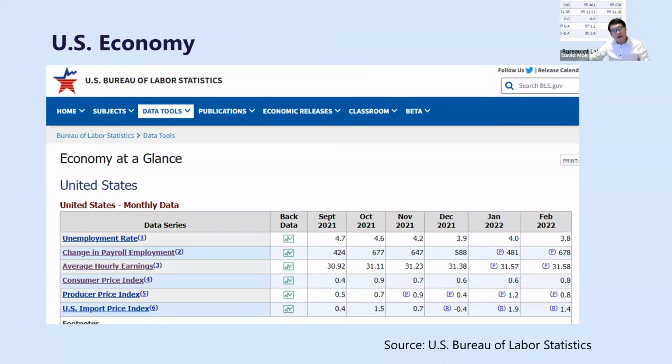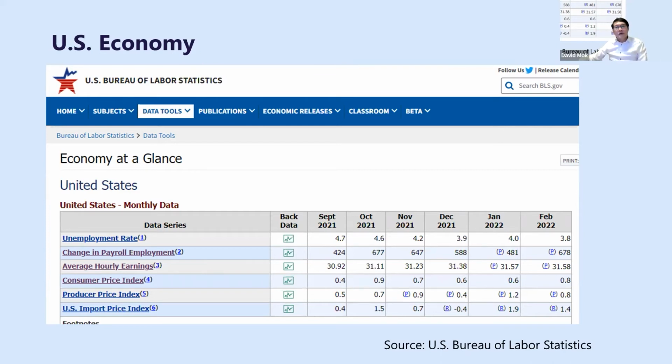But let's look at the economy. Let's look at the US economy. The reason I'm explaining about the US economy is that the US continues to be the largest economy in the world. I know some of us may say that China has caught up, but still today, when the US sneezes, we all catch a cold over this side.